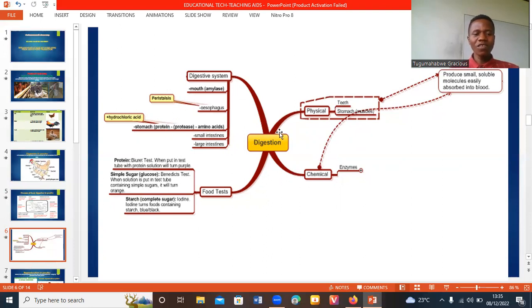So this is a mind map showing how food is digested up to being absorbed. A student will understand generally, step by step, how the food is digested.